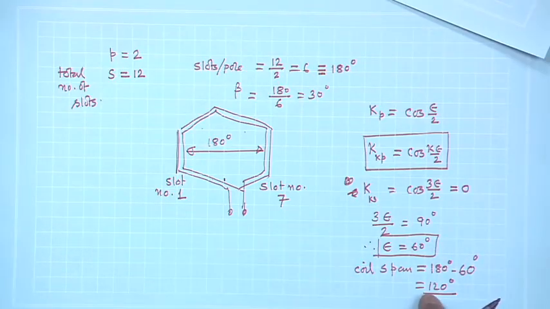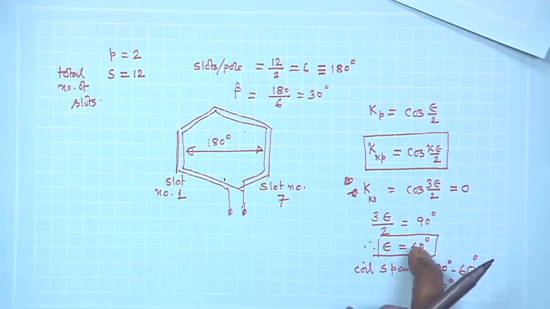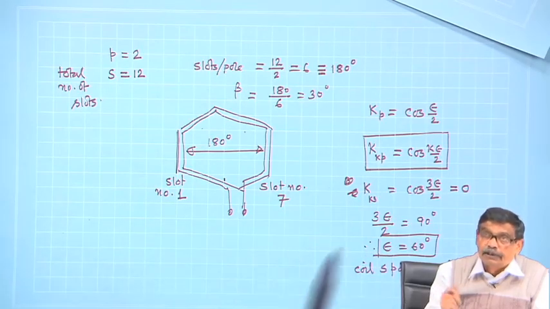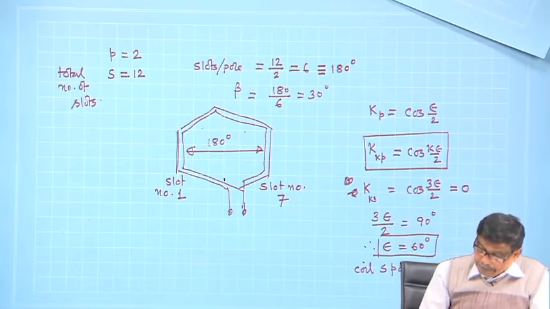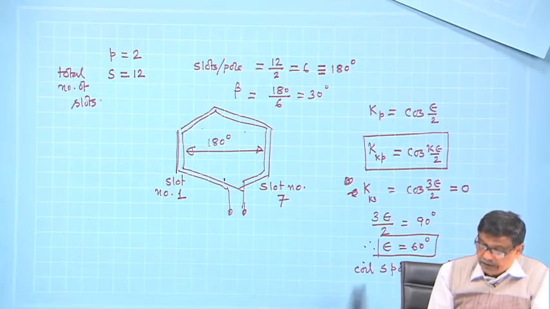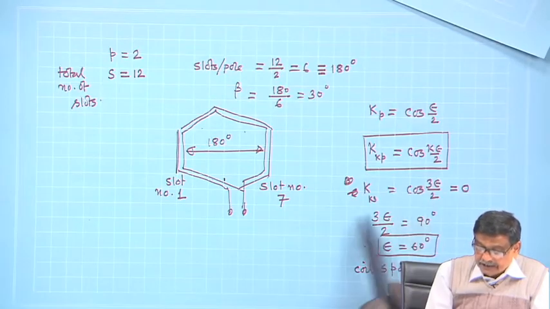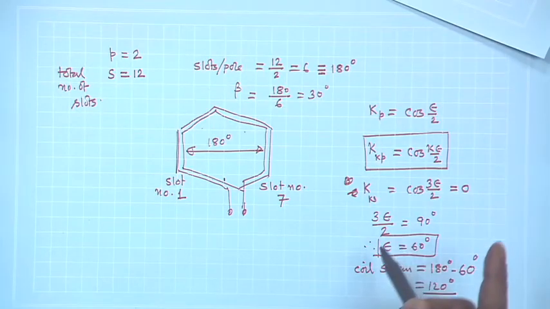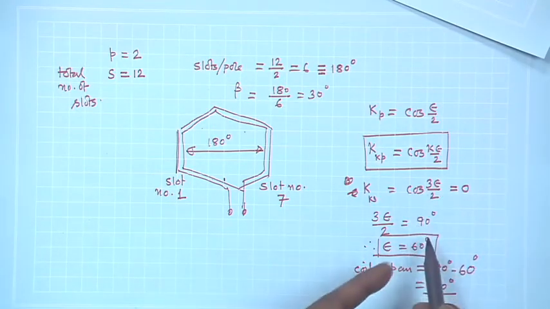There will be a fundamental component Kp also, because the epsilon value is 60 degree for fundamental. So, that will be reduced by a factor cosine 30 degree, cosine epsilon by 2, no doubt. But you are sure the pitch factor corresponding to third harmonic will be 0, because you have seen that while choosing epsilon value, 3 epsilon by 2 is 90 degree.